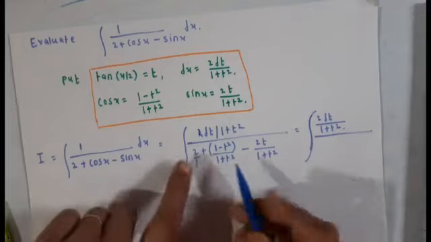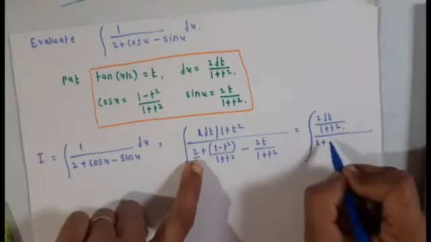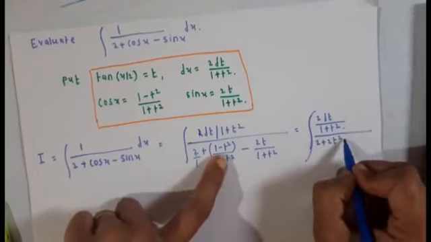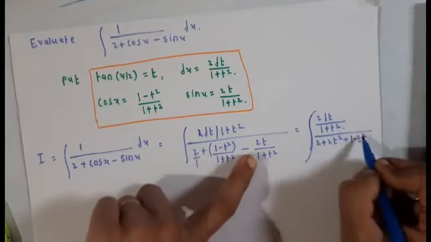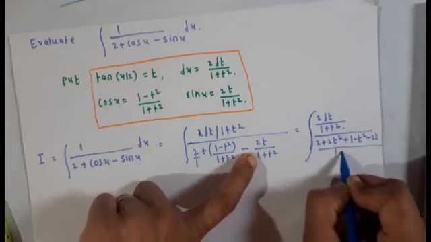So 2 into 1 multiplied with 1 plus t square. 2 into 1 is 2, plus 2t square, plus 1 minus t square minus 2t, upon 1 plus t square.